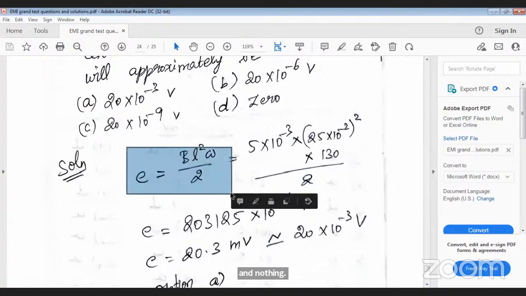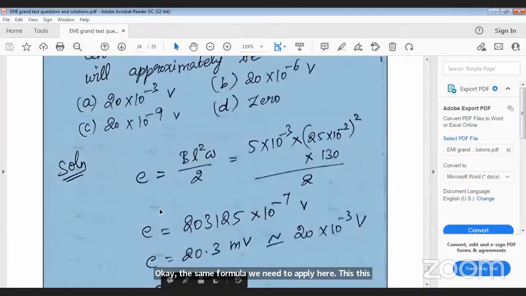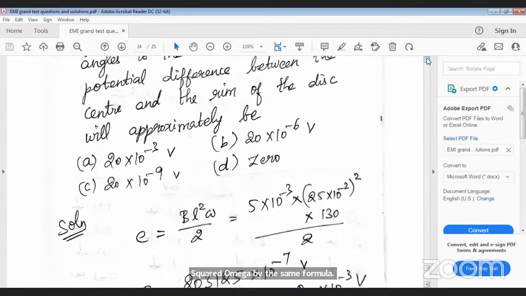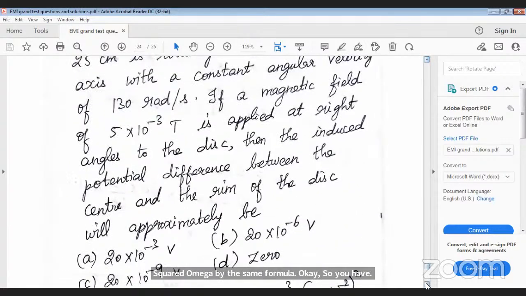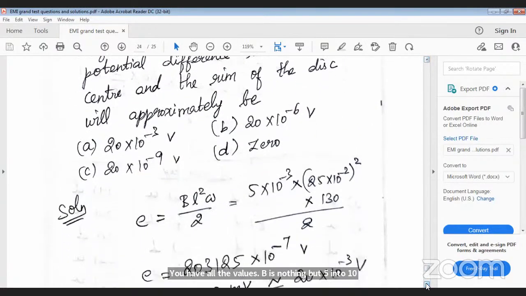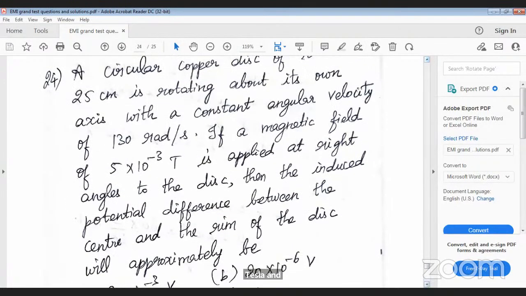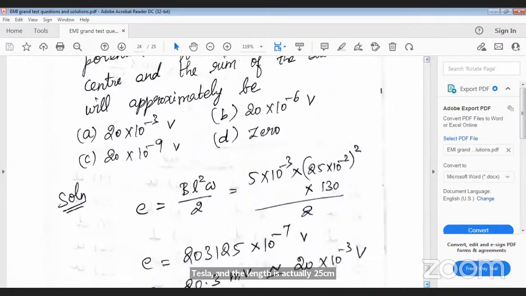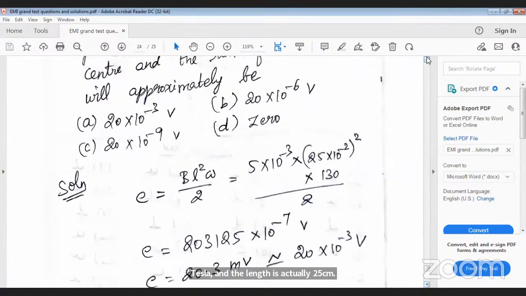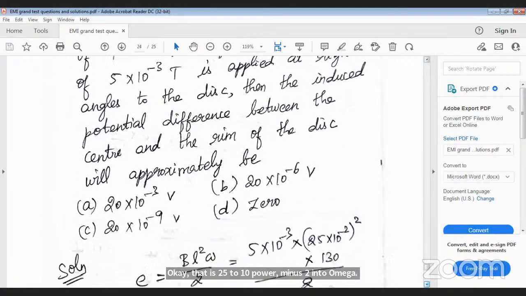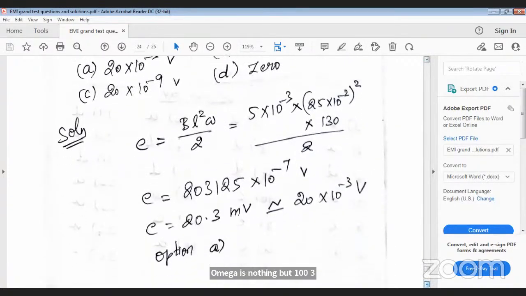This formula: E equal to BL squared omega by 2. You have all the values. B is 5 into 10 power minus 3 Tesla, and the length is 25 centimeter, that is 25 into 10 power minus 2 squared, into omega, which is 130 radian per second, divided by 2.